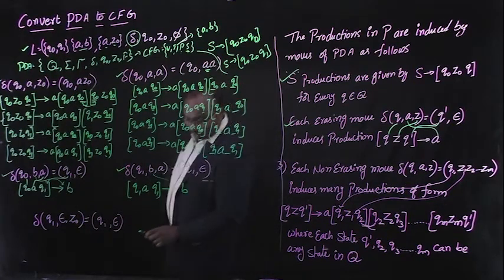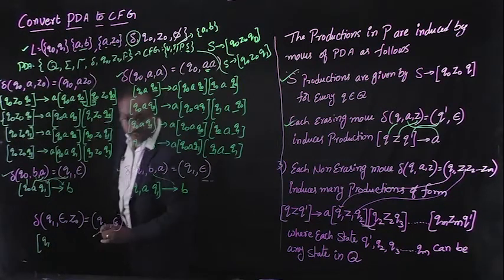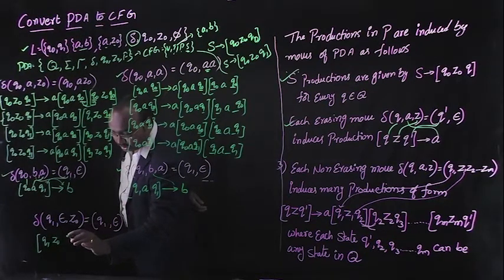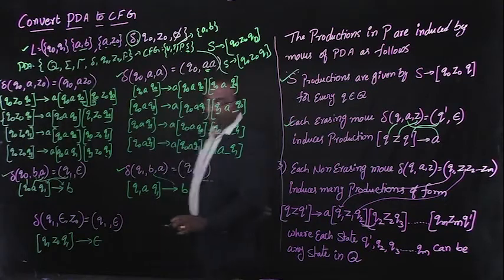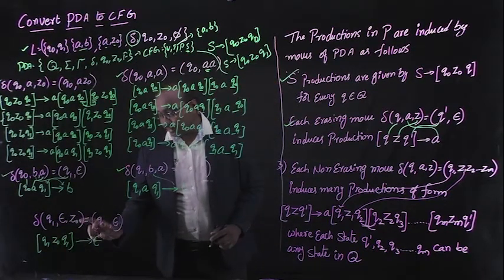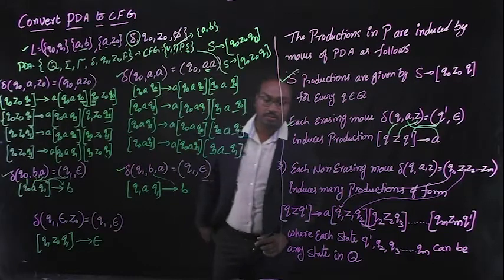Then we can write the production rule like this: Q1, epsilon, Q1, Z naught is the stack element, and state Q1 tends to epsilon. So Q1 state and stack symbol Z naught and state Q1 can move to epsilon.